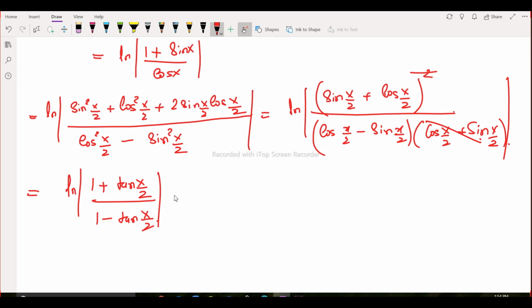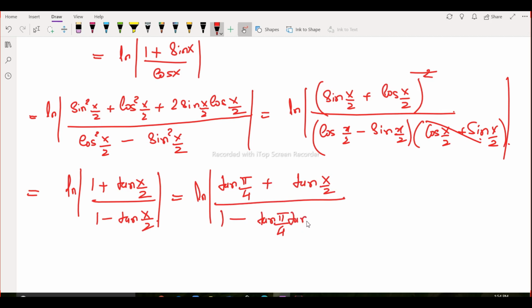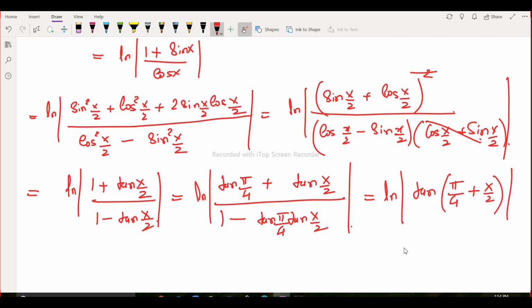Now we can simplify this more. 1 I can write as tan 45°, which is tan(π/4), so (tan(π/4) + tan(x/2))/(1 − tan(π/4) tan(x/2)). The reason is that tan(π/4) is 1, right? Now this is the formula of tan: (tan a + tan b)/(1 − tan a tan b) is tan(a + b). So tan(π/4 + x/2) + c.